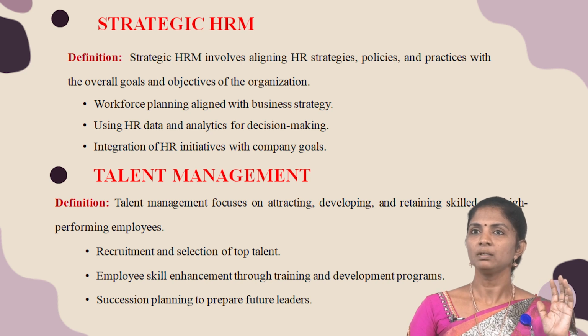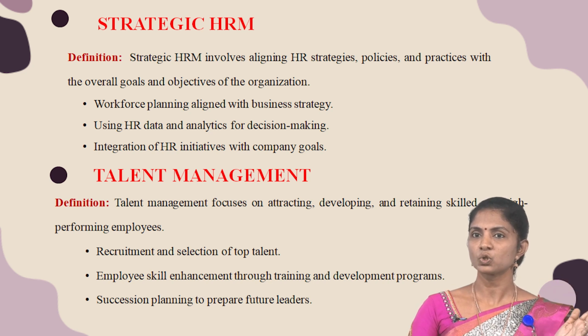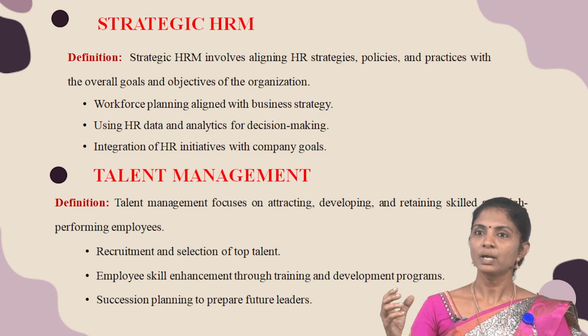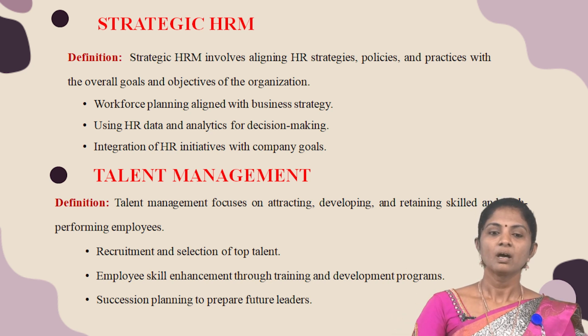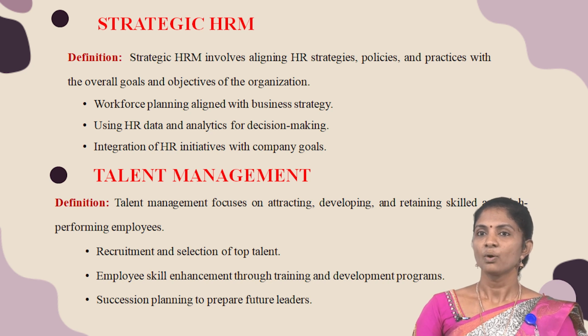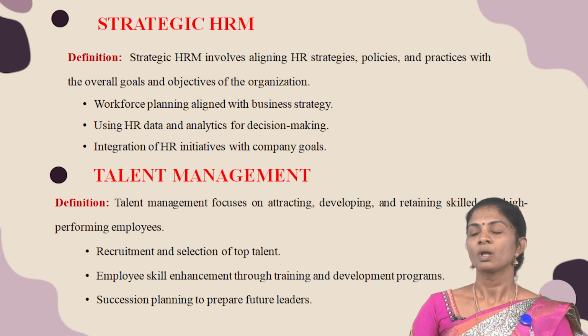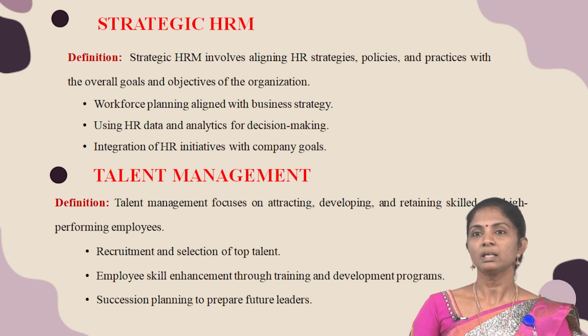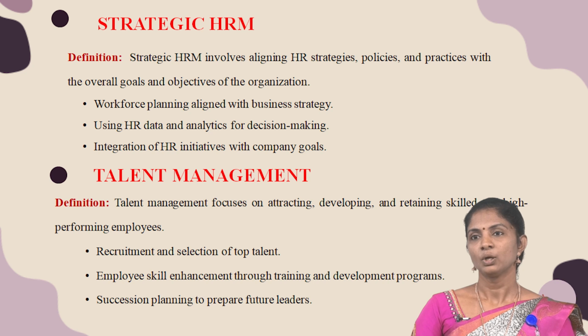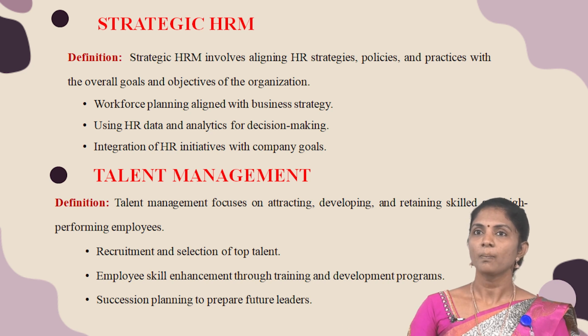For example, a tech company planning to expand globally may align its human resource strategies by hiring culturally diverse employees, offering global training programs and implementing policies to support international operations.